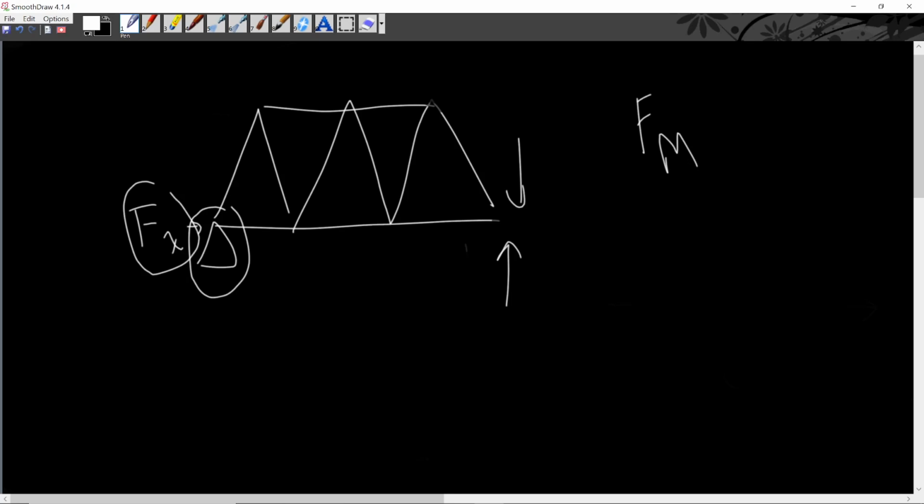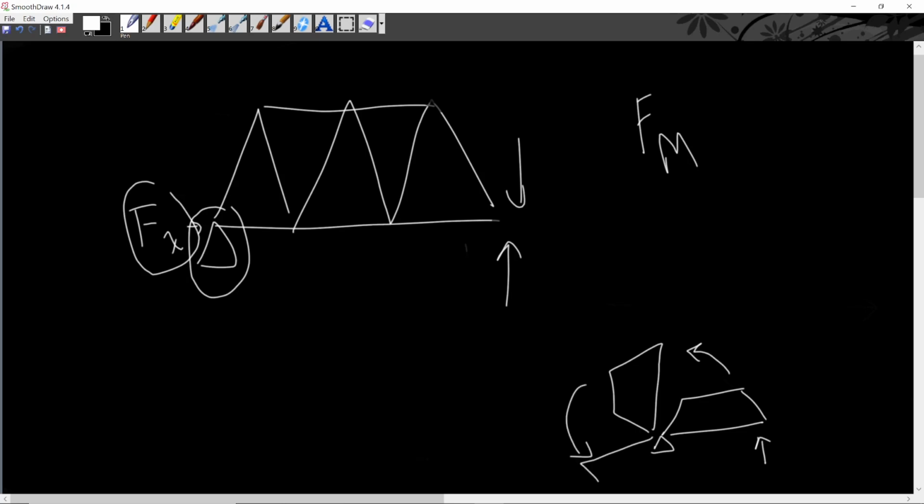So if this is our truss so far, and this is the pin, then the force acting on this will cause it to rotate. If it wasn't pinned by something else, it'll rotate and continue rotating.